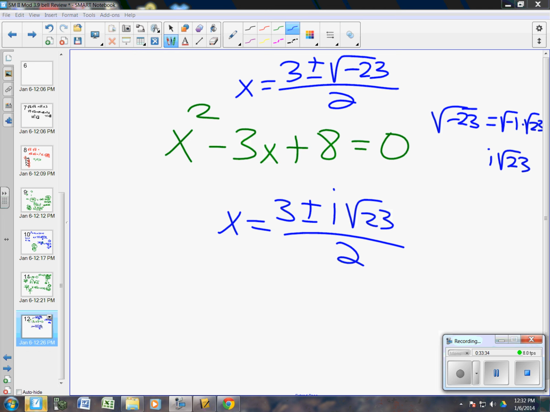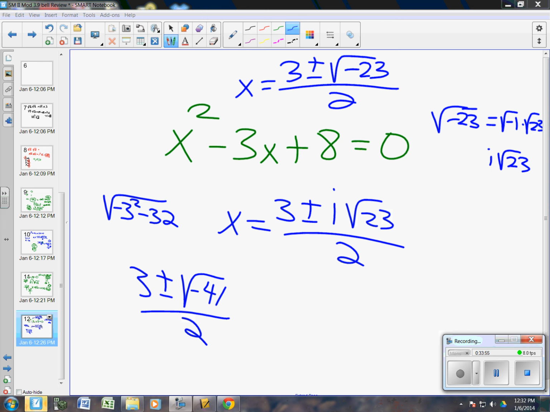Did someone else have a problem with some other part of it? I saw some of you had 3 plus or minus the square root of negative 41 over 2. You know why you did that? When you did b squared minus 4ac, you went negative 3 squared and you got negative 9.